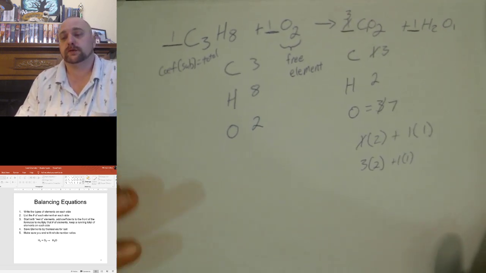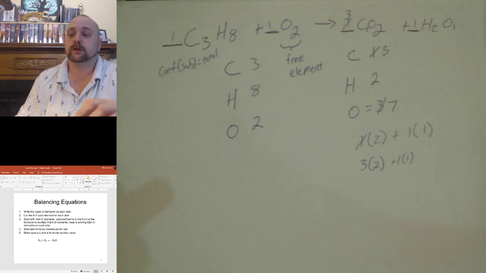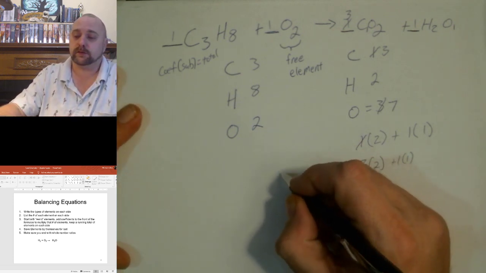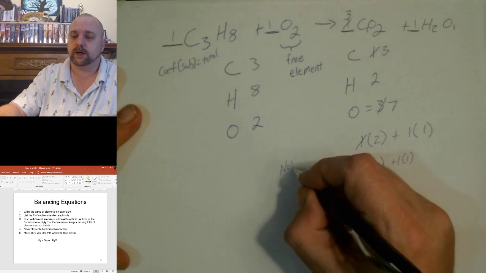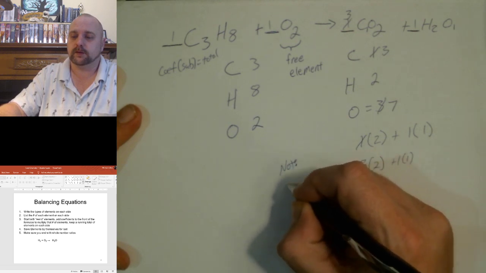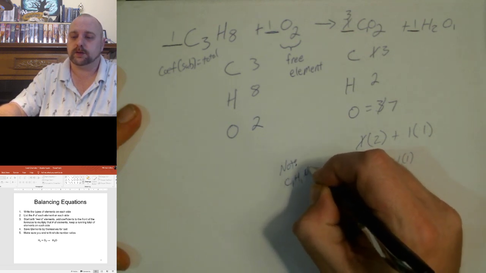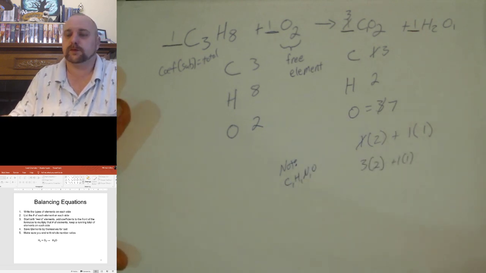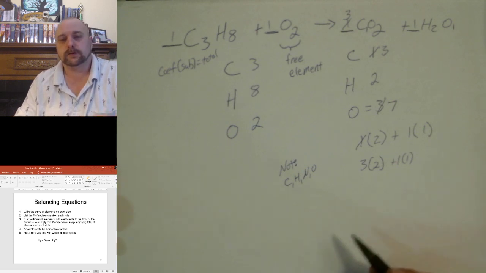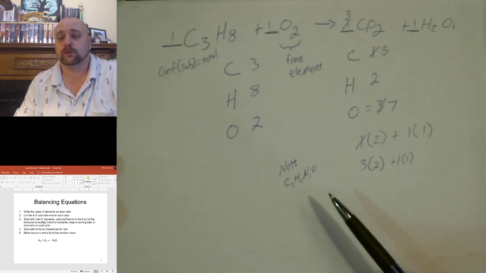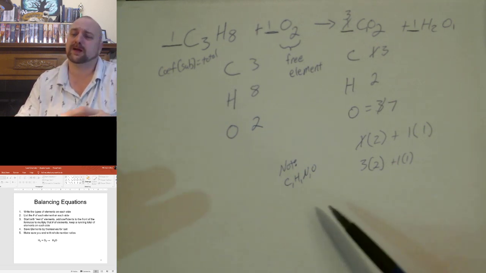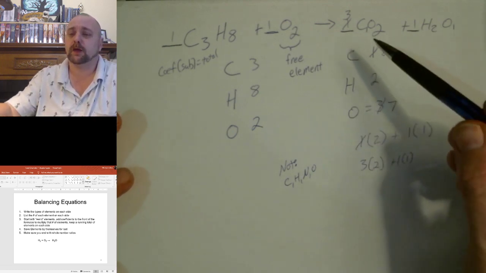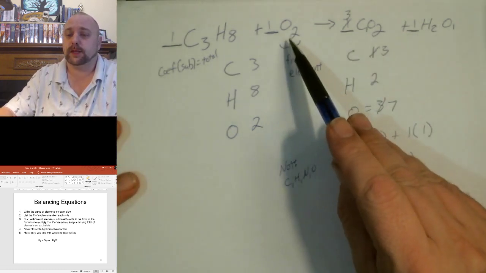I also want to save any weird elements. In other words, things that are weird are things that are not carbon, hydrogen, nitrogen, or oxygen. We use those all the time. Anything else is weird. I like to start with the weird ones, just because they stand out. I also do the same for parentheses. So, free elements want to be last.